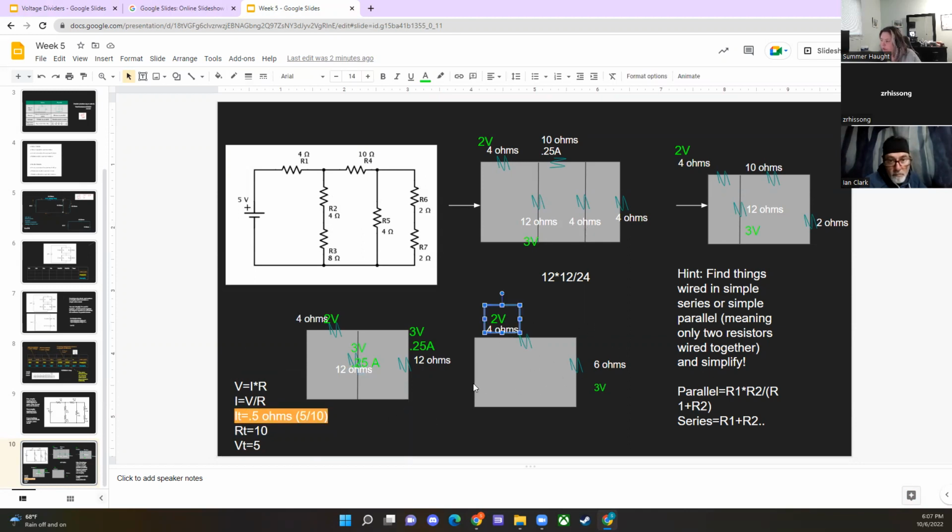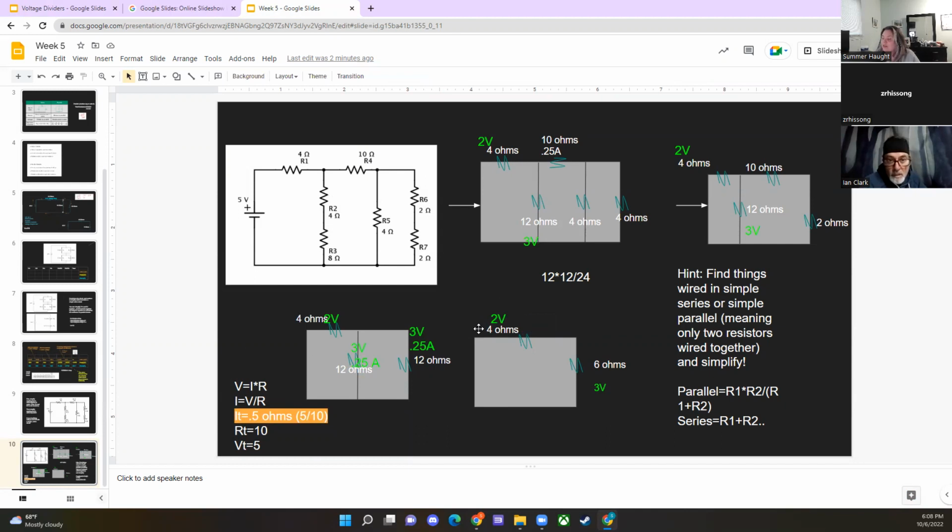If we know 0.5 is what we're starting with, we can calculate the voltage at this 4 ohm. We would do V divided by R, which is 2 divided by 4, which is 0.5. I did that backwards, but same thing.